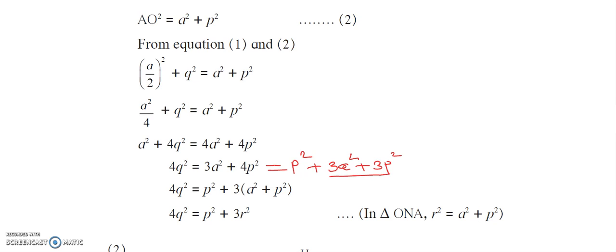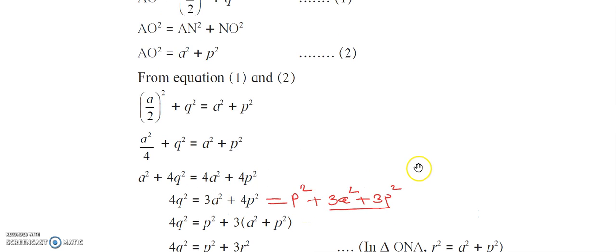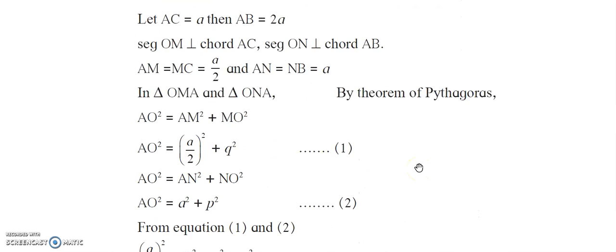From these two, take 3 as common, and you will get a square plus p square, which is what? r square. Okay. So 4q square is equal to p square plus 3r square. We have completed this problem.